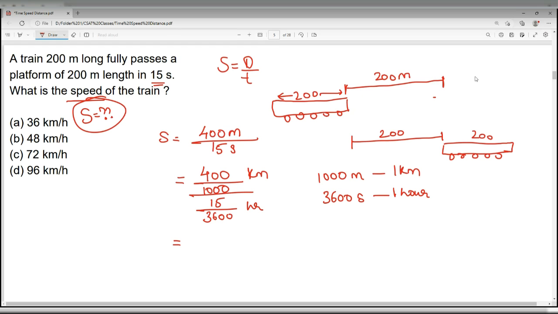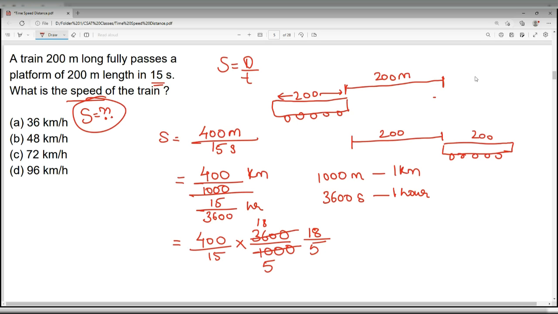Normally what people do is, here it's 400 by 15 into 3600 by 1000. If you simplify this, it becomes 18 upon 5. These two zeros cancel, 2 5s are 2 18s are.